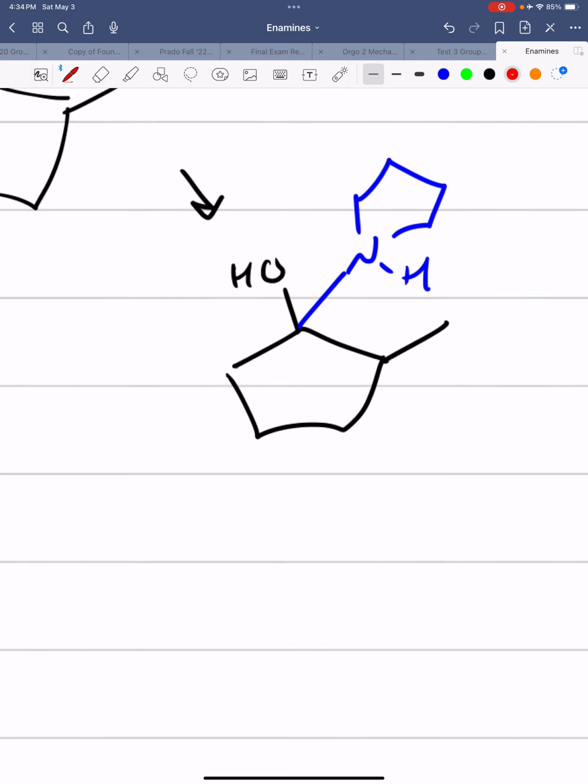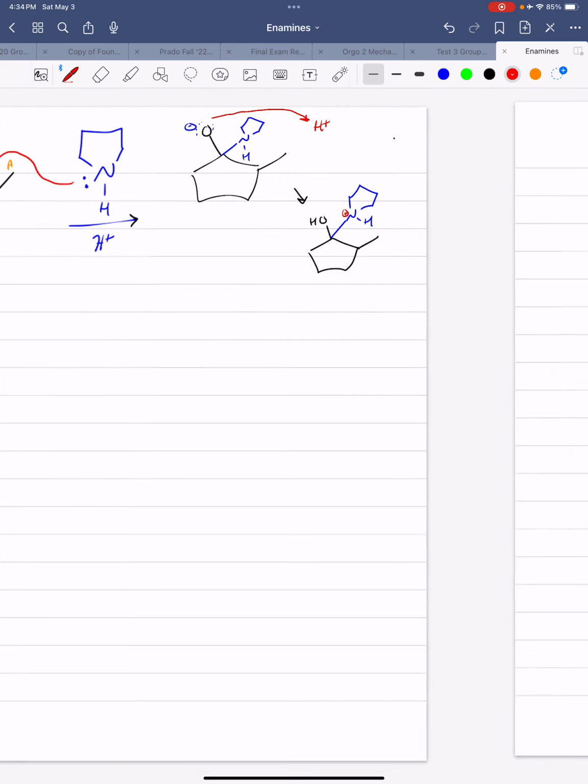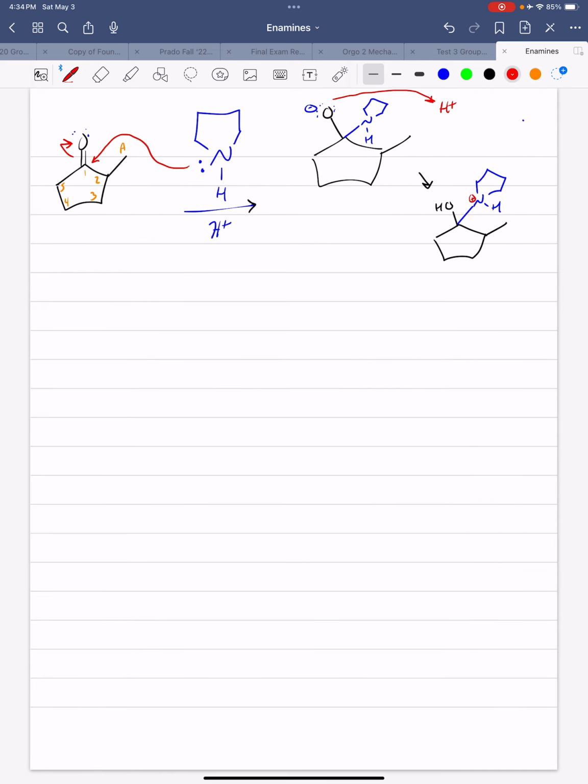Still have a +1 formal charge on this nitrogen here. Then we are going to abbreviate this deprotonation step, minus H+, because usually we get to do that once we get to Orgo 2. That's going to take us to our halfway point that's neutral.